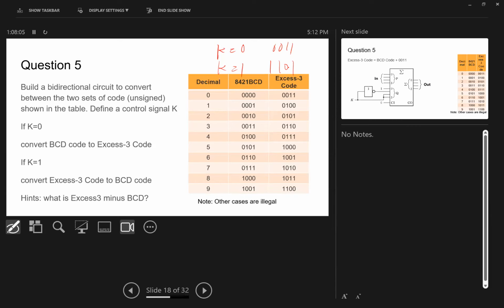And bit 3 and bit 2 can be represented as k. So that's how we do it.